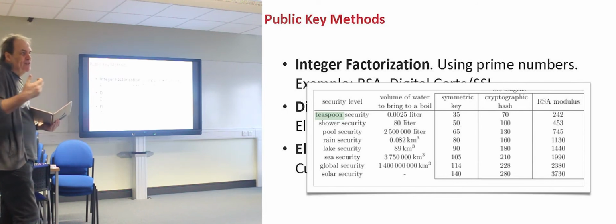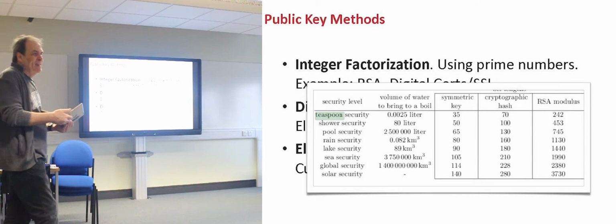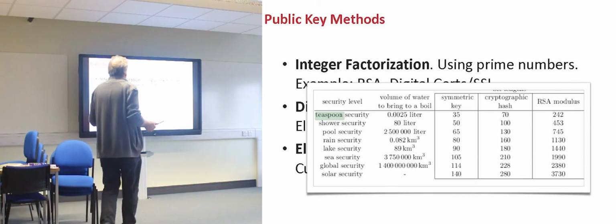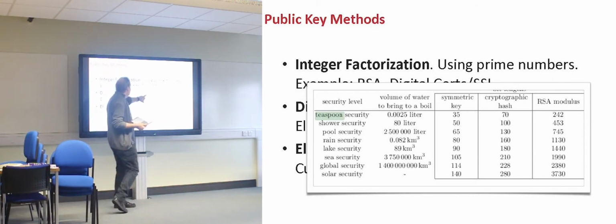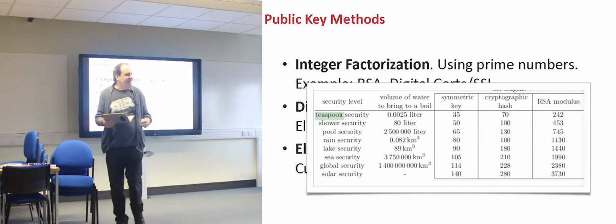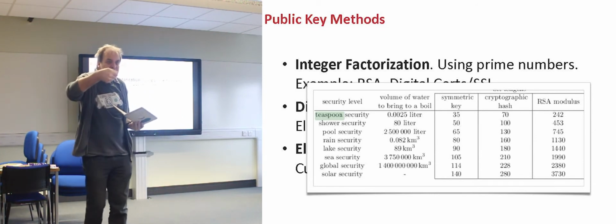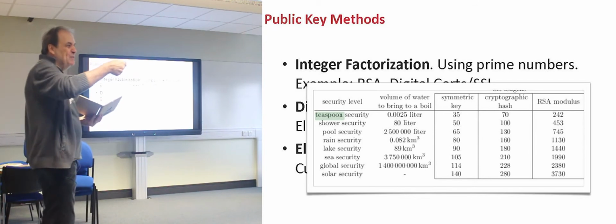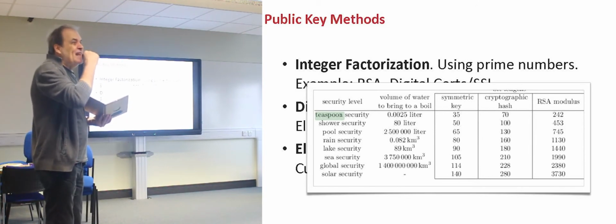So how much energy would you have to buy to crack? So with 35-bit symmetric key encryption, 70-bit elliptic curve, and 242-bit RSA, it would take the energy to boil a teaspoon of water, which is nothing.